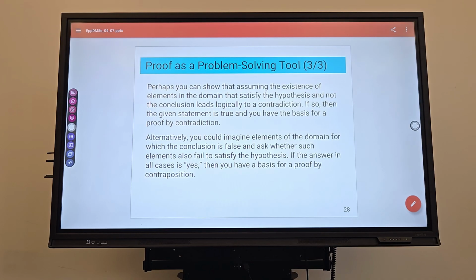If so, then the given statement is true and you have a basis for a proof by contradiction. Alternatively, you can imagine elements of the domain for which the conclusion is false and ask whether such elements also fail to satisfy the hypothesis. If the answer in all cases is yes, then you have the basis for a proof by contraposition.